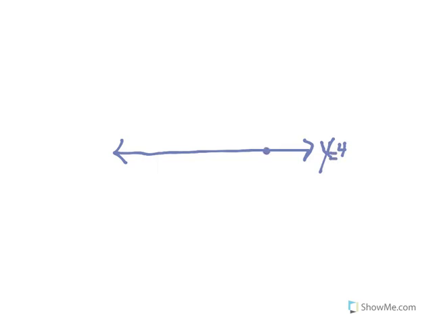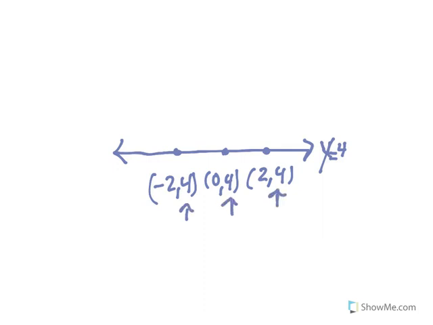At every point on this graph, this is the point (2, 4), this is (0, 4), and this is (-2, 4). Every single one of these points, do you see that these y values can repeat? But here, each x value has only one y value. It's okay if they're all the same, because it still passes the vertical line test.